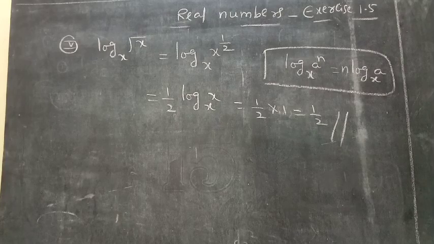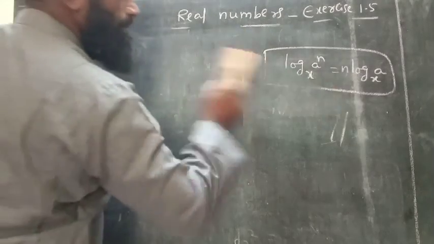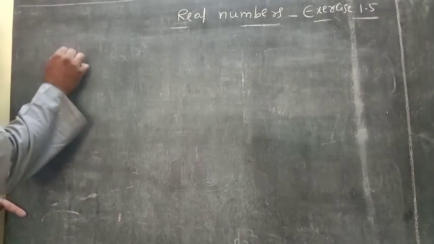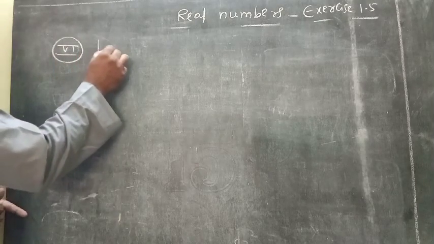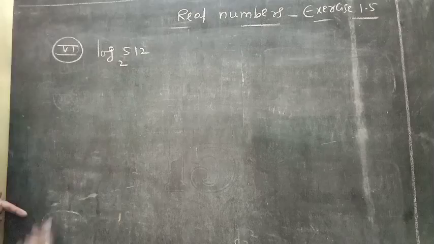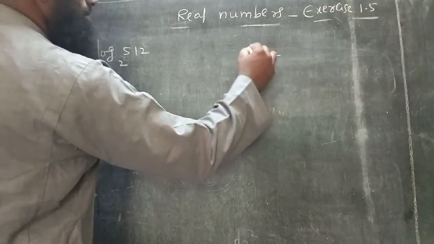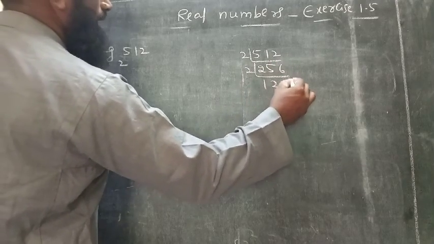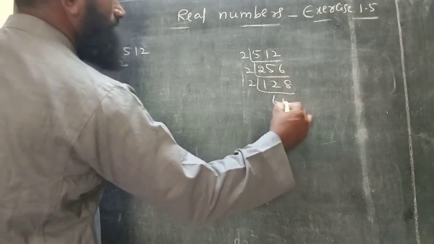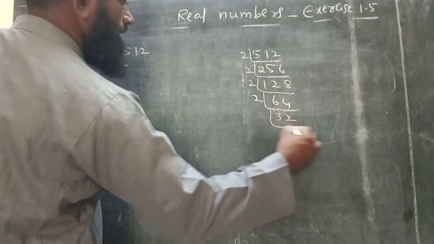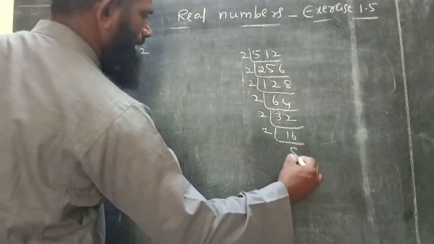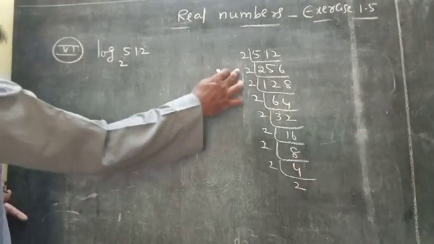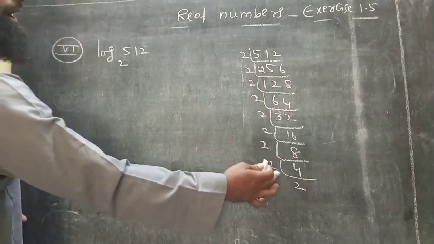Next, log 512 base 2. 512 is nothing but 2: 2 fives are 10, 256 twos; again 2 ones are 2, 128 twos; again 64 twos; again 32 twos; again 16 twos; again 8 twos; again 4 twos; again 2 twos. That is nothing but 1, 2, 3, 4, 5, 6, 7, 8, 9.